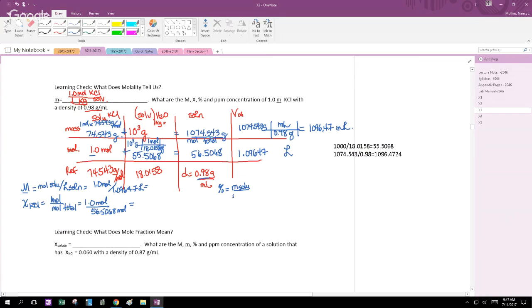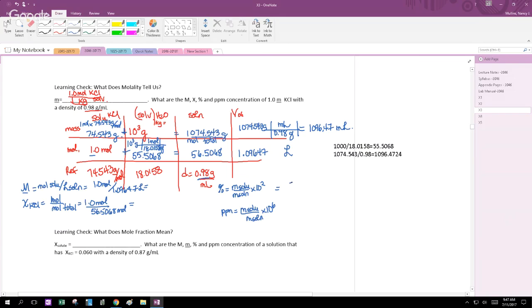Mass of solute over mass of solution times 100. And for parts per million, it's that same ratio times 10 to the 6th.